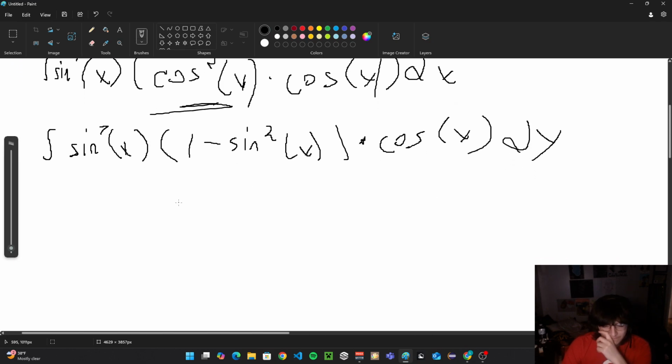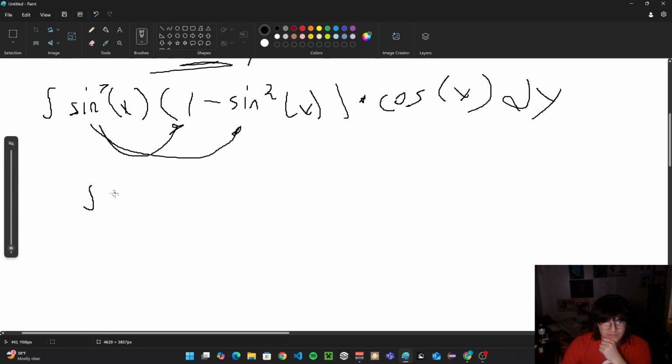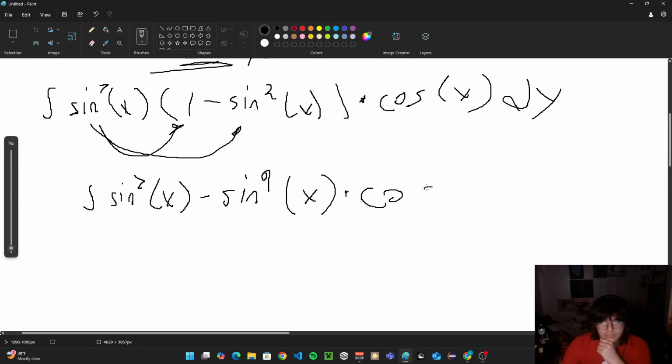So now we're going to distribute this sine to both of these, giving us the integral of sine to the power of 7 x times cosine x with respect to x, minus the integral of sine to the power of 9 x times cosine x with respect to x.